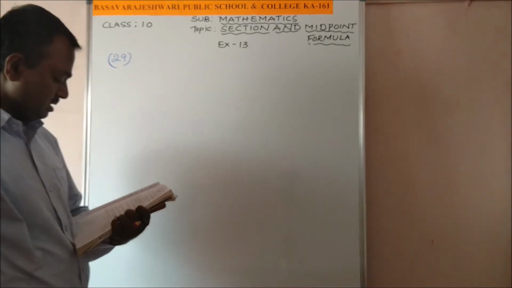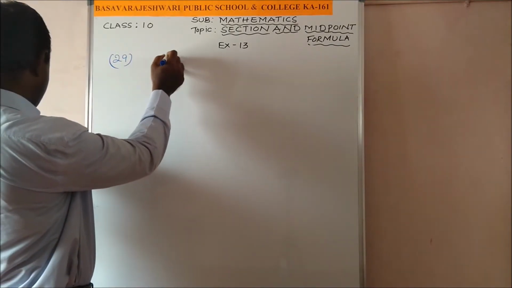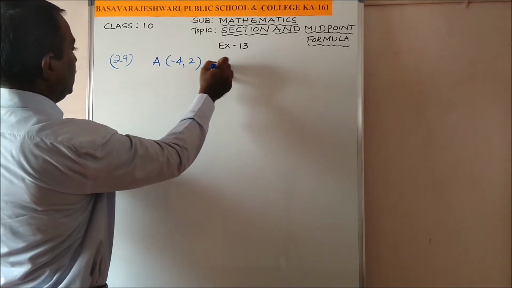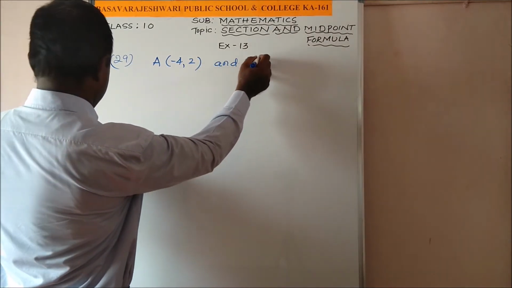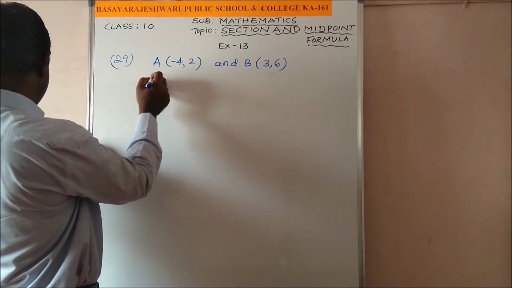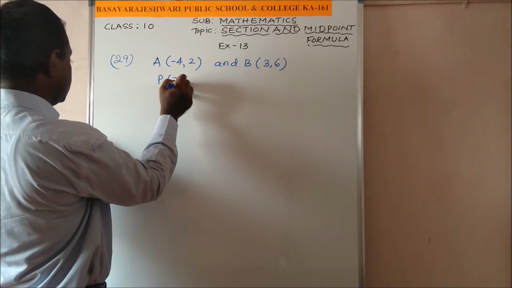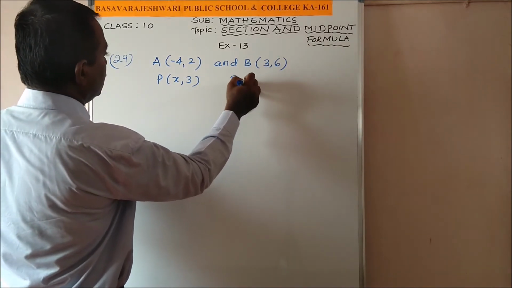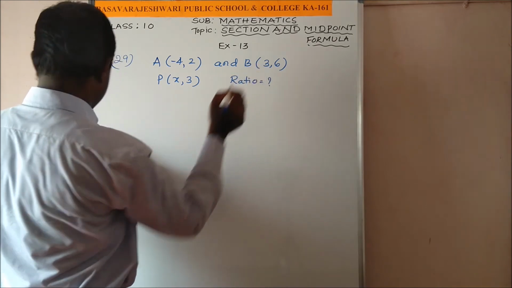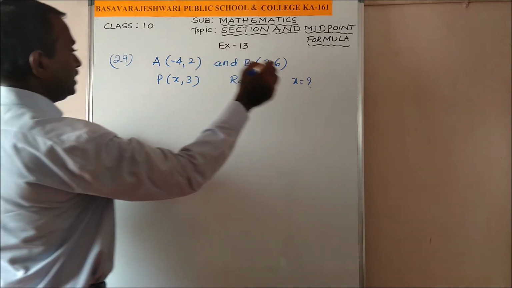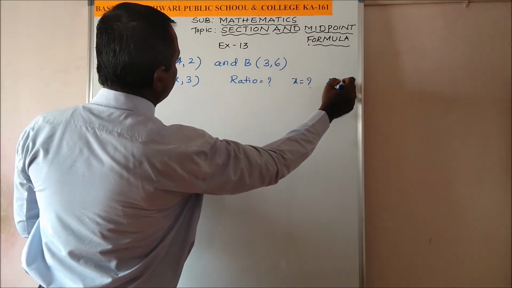What it says: calculate the ratio in which line segment A (minus 4, 2) and B (3, 6) is divided by the point P, also they are given (x, 3). So I have to find out the ratio, x, and the length of AP also you have to find out.